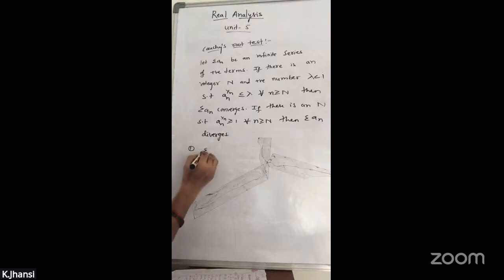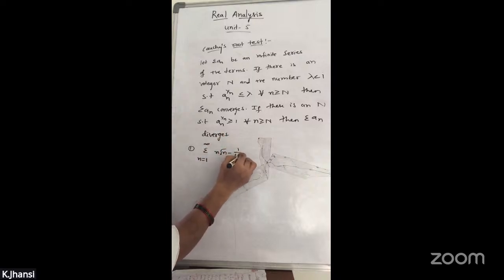That is summation n equals 1 to infinity of (n root n minus 1 by 100) to the power of n.